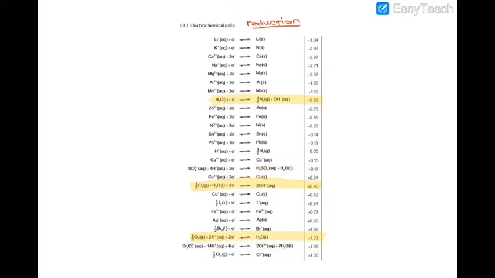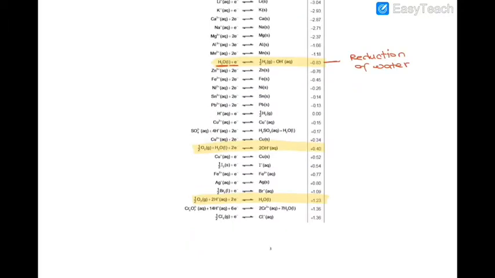So we're left with these three equations that involve water. If we look at the first equation, you have water gaining electrons. This is the reduction of water, and water is the only reagent here.